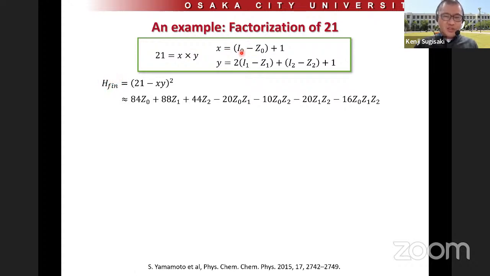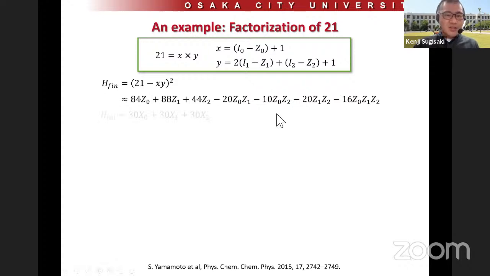If we substitute this operator into this equation, we can obtain this equation. And this equation is nearly equal because there are some constant factors. But anyway, this is a Hamiltonian term containing non-identity operators, or Pauli operators.